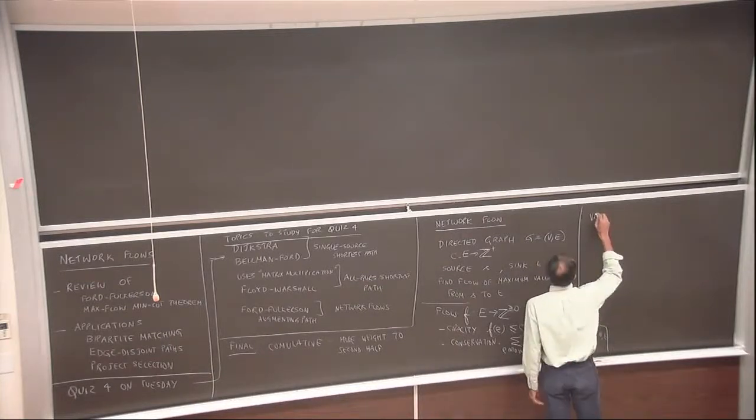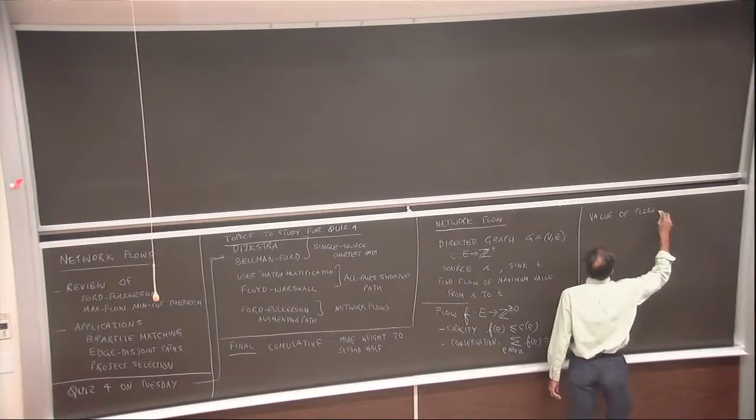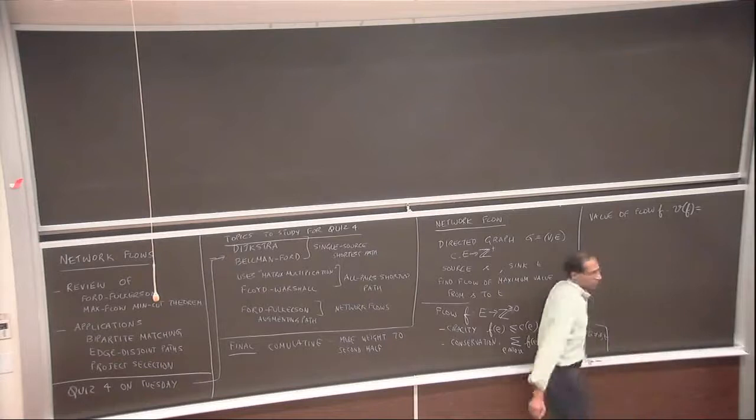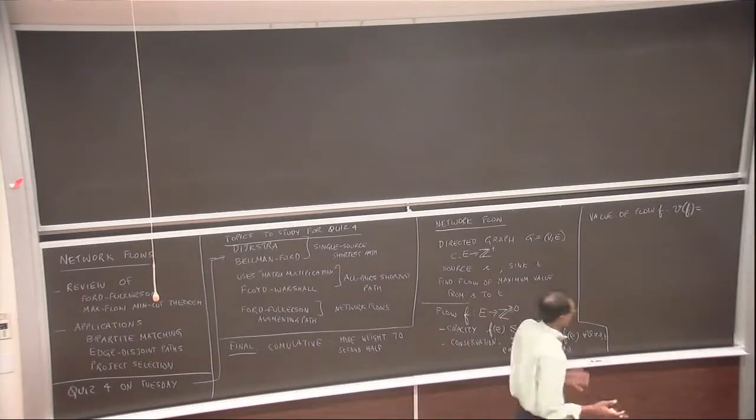So the value of the flow, denoted v(f), is precisely equal to the sum of the flow leaving the source.